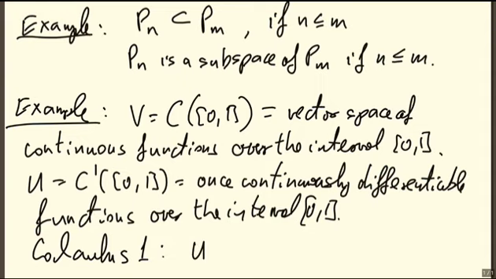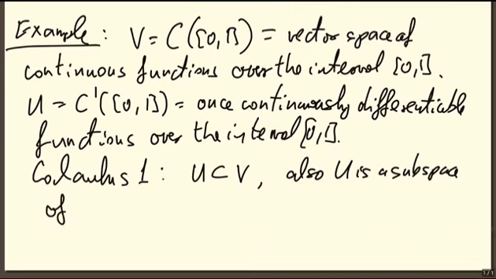So what we have is that U is a subset of V. It turns out that U is also a subspace of V. What we have to see is that the sum of differentiable functions is also differentiable, and for scalar multiplication, we have the rule for the differentiation of a scalar product of a function.